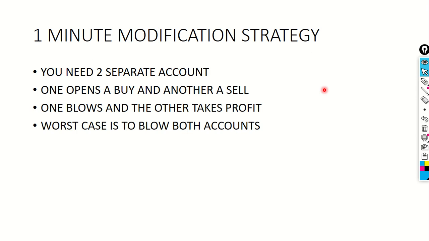So the last one that we have is the 1 minute modification strategies. For this you will need two separate trading accounts, the one with your name and the one with the name of the person you trust. So maybe one is for Kennedy, and the one with my name, and the other maybe is for my friend.